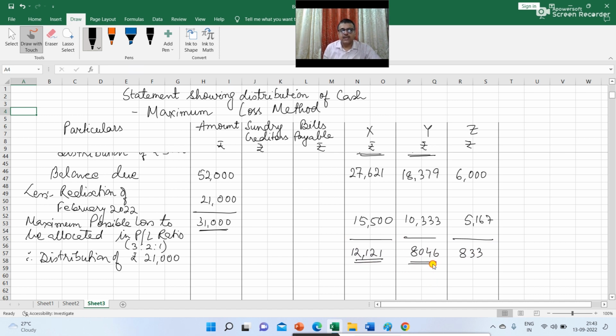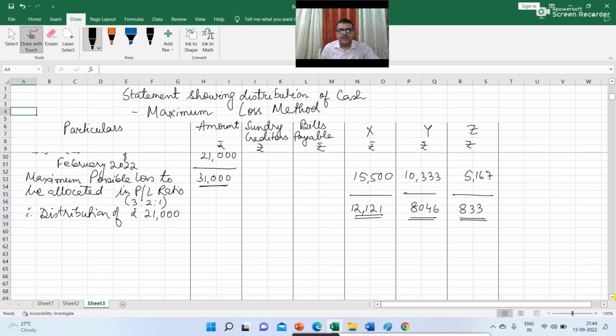So 21,000 is the realization in the month of February 2022, and at that point of time the balance due to partners was 52,000. So 31,000 is the maximum possible loss that has to be allocated to the partners in PL ratio. So of the distribution of 21,000, X gets 12,121, 8,046 is the amount distributed to Y, and 833 is the amount distributed to Z.